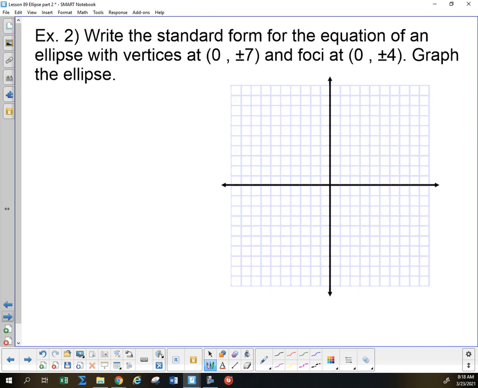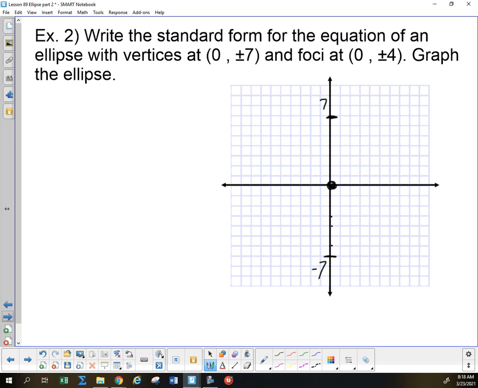So now the vertices are at (0, 7) and (0, -7). So 1, 2, 3, 4, 5, 6, 7. And 1, 2, 3, 4, 5, 6, negative 7. That tells me the center is exactly halfway in between, so at (0, 0).